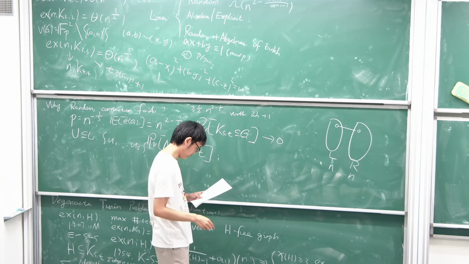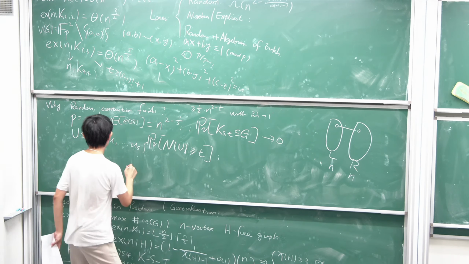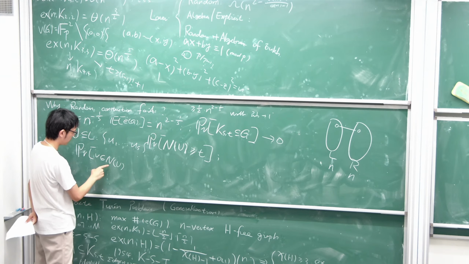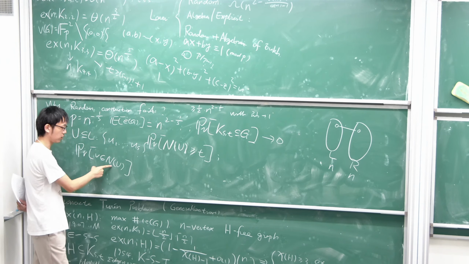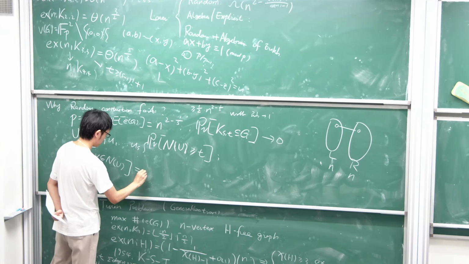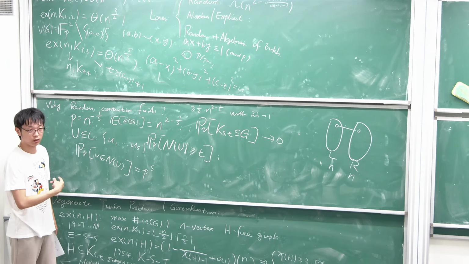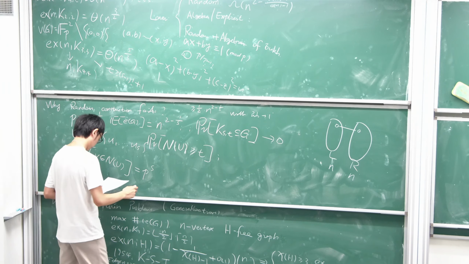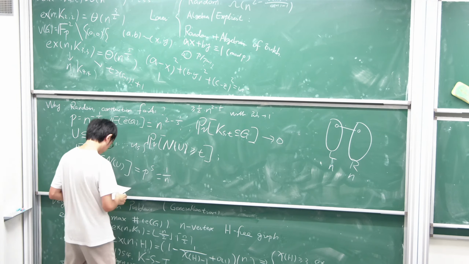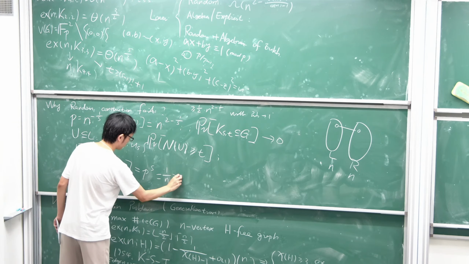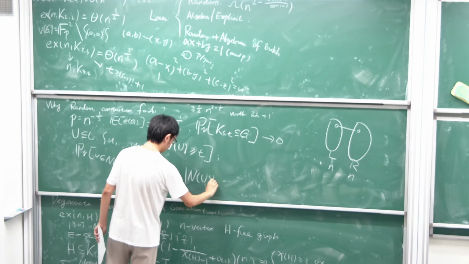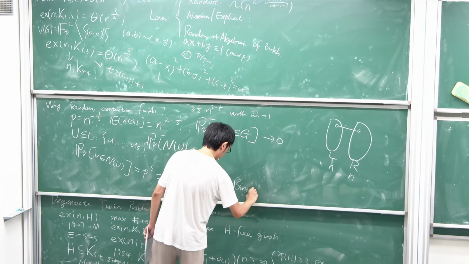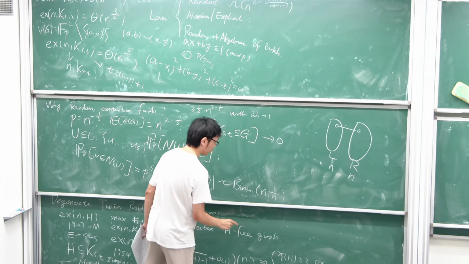For any vertex V, the probability that V belongs to the common neighborhood of U is p to the S, because it's a random graph with probability p. So the number of common neighbors of U obeys a binomial distribution with n trials and probability p to the S.